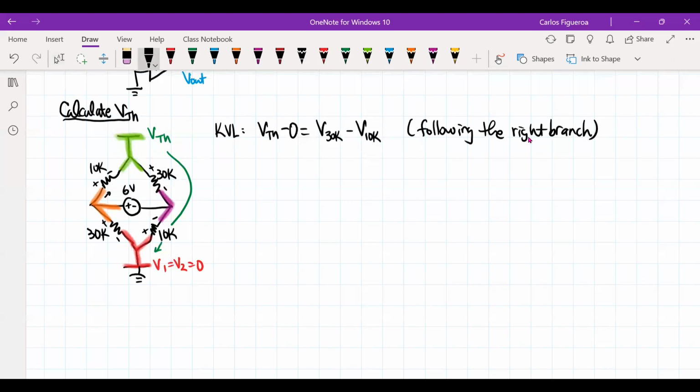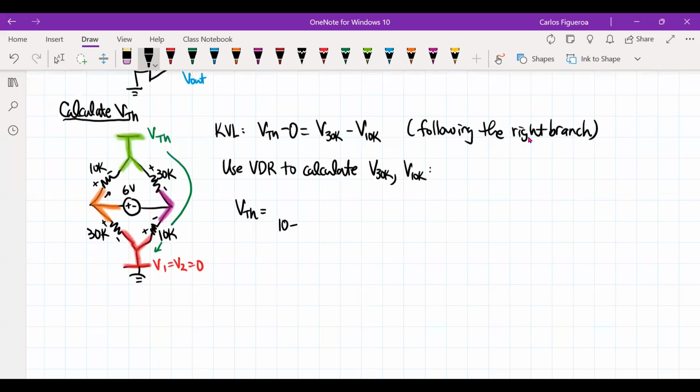So now if I look at this, you can see here that now I'm going to use VDR to calculate V30K and V10K. So I see that VTH is then going to be, the 30K has to be what?